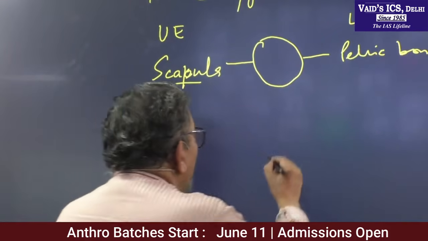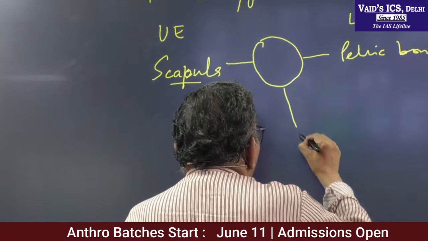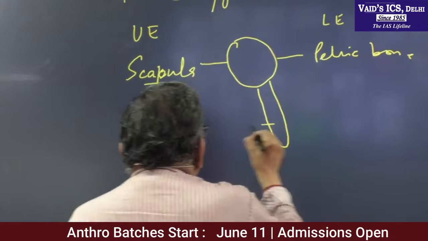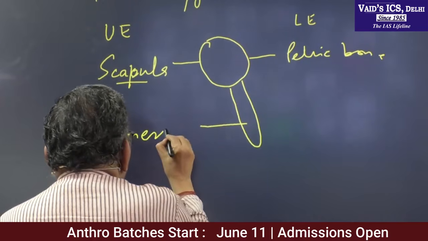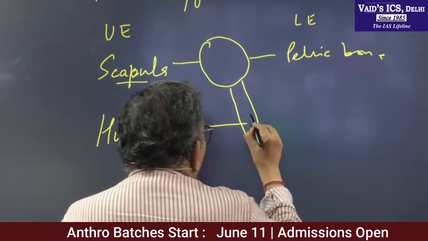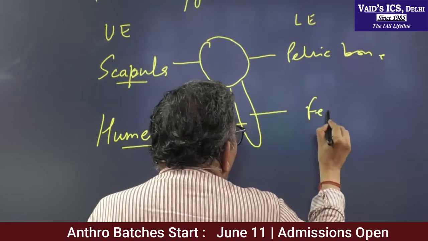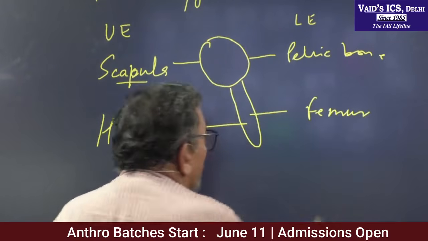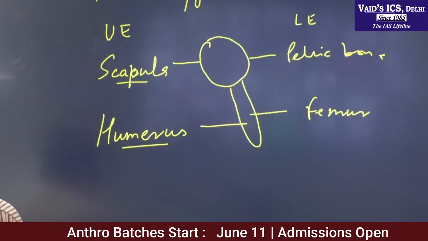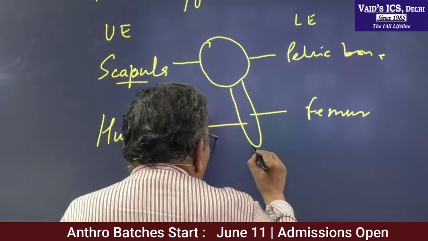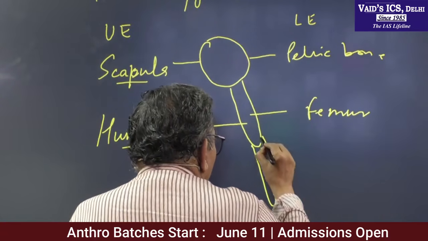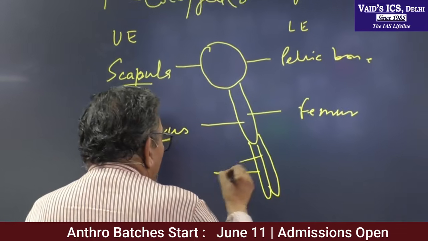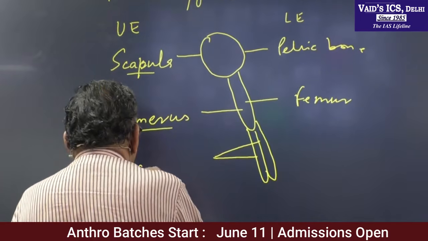Then you have a long bone. And this long bone here is humerus. And this long bone is femur. Fine. Then you have long bones, two of them, comparatively smaller. Here you call radius and ulna.